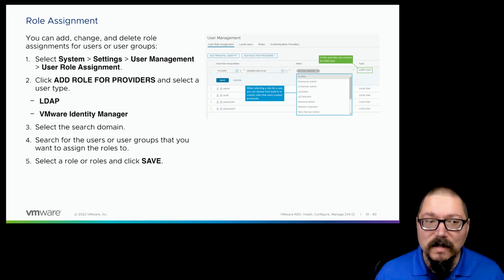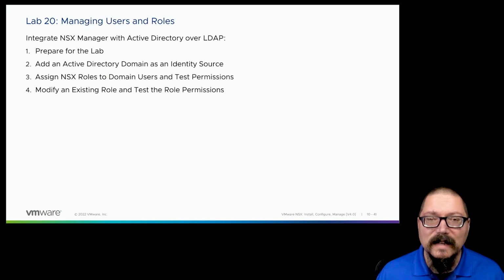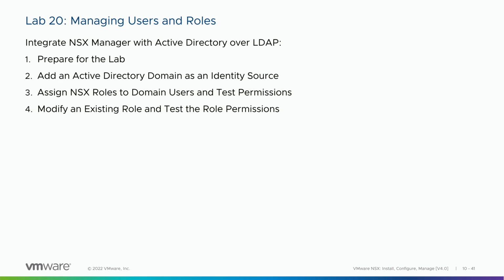So I have to choose one of them and ultimately define what role or roles that user is going to have associated with them. All right, it's pretty simple. It's pretty straightforward when it all comes down to it. I choose a user and I assign one or more roles and I save and I go on and do it again.